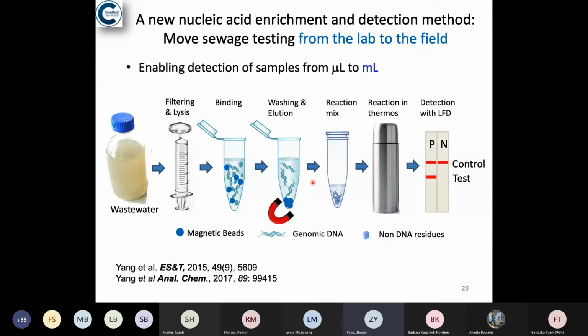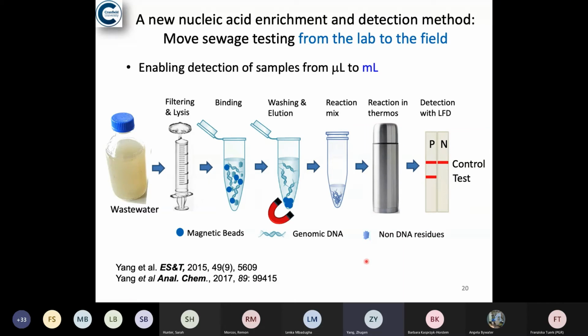We use a thermos to provide this temperature so the reaction can happen, and then use a lateral flow device to test for positives in this proof of concept study. Based on this analysis, we don't need any centrifuge, any power, or centralized laboratory-based facilities. We can still test those nucleic acids from the wastewater.